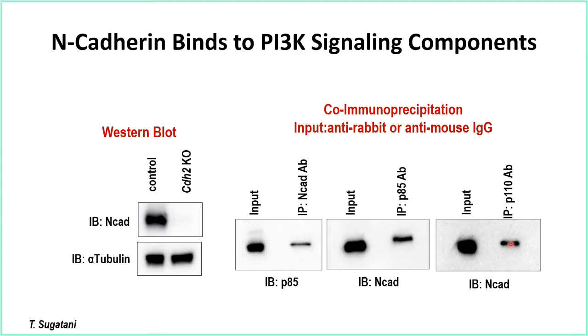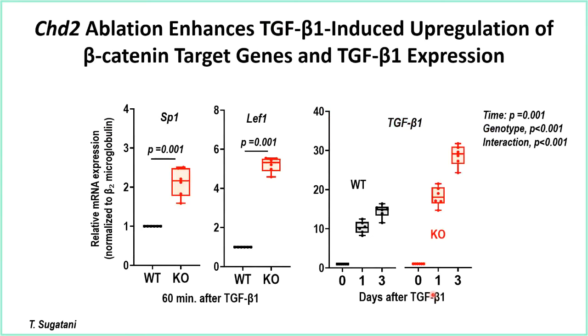N-cadherin can also bind to the other component, P110. So no question that N-cadherin can bind PI3 kinase components, and by that, actually, lack of N-cadherin can lead to upregulation of downstream signaling.